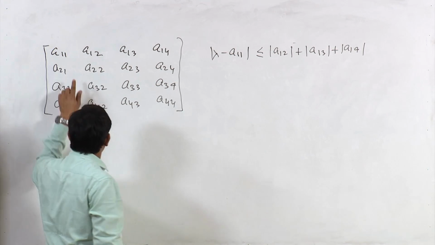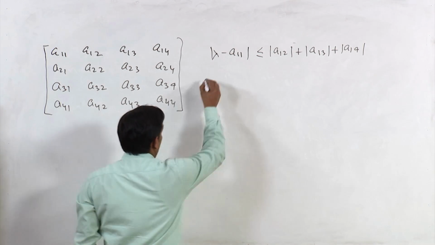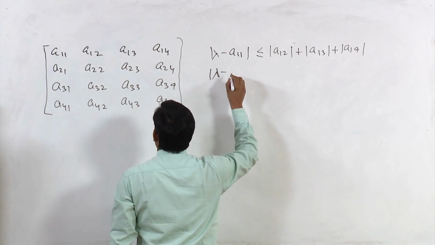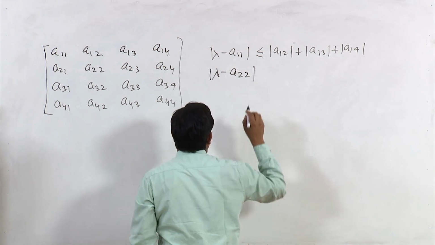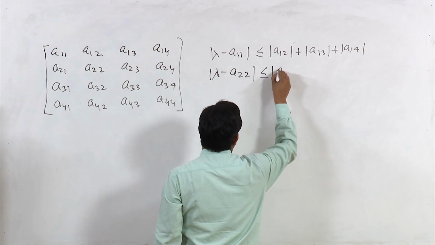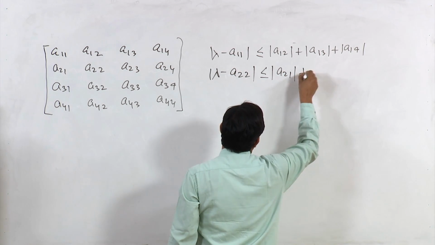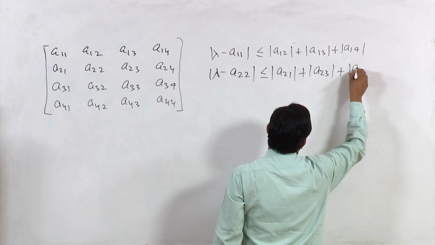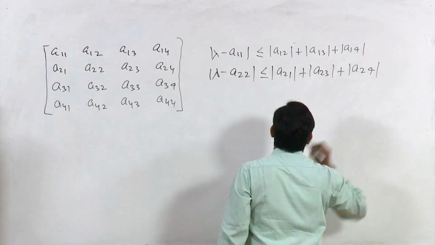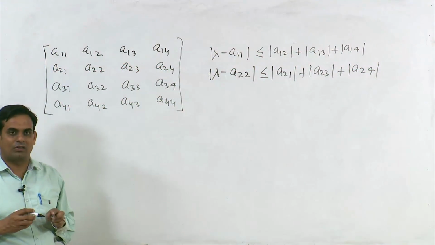Similarly, the second row is giving me another disk, and similarly I will get another from the third row and the last one from the fourth row.